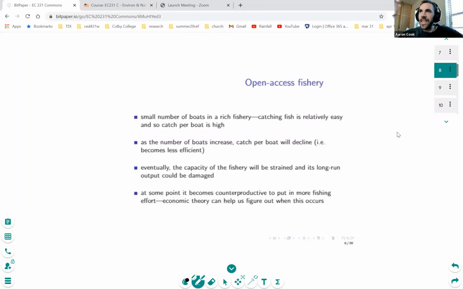So if you have a fishery, one important characteristic is that it gets easier to fish the more fish that there are. The higher the fish stock is, you don't have to search as far and wide in order to catch fish. You have a lot of fish available. You can cast your net, and you're more likely to get a good return when there's an abundant stock of fish.